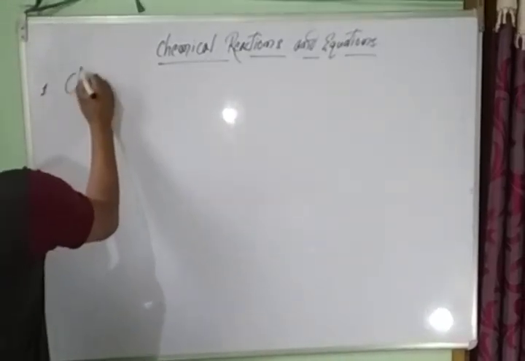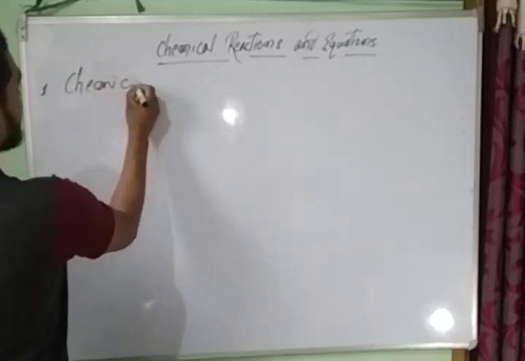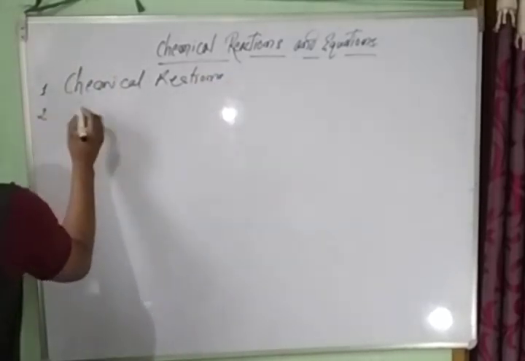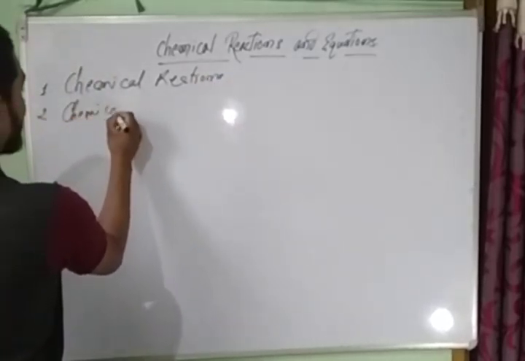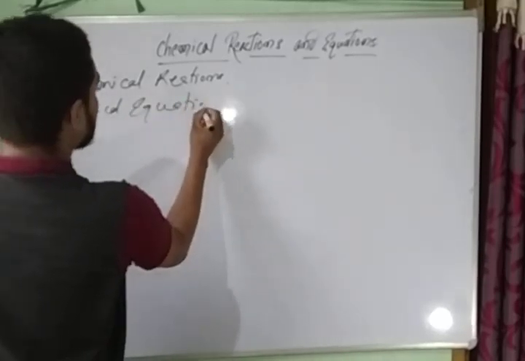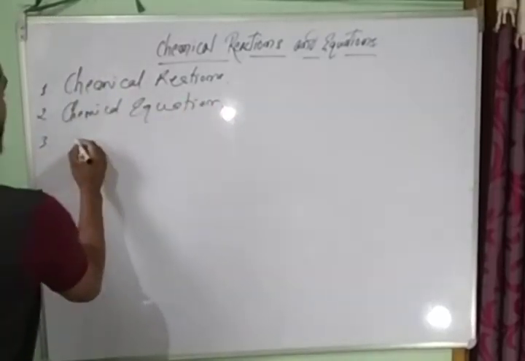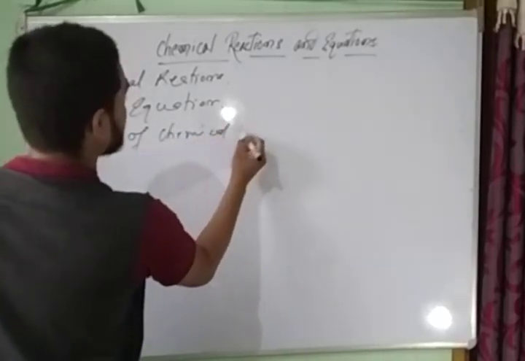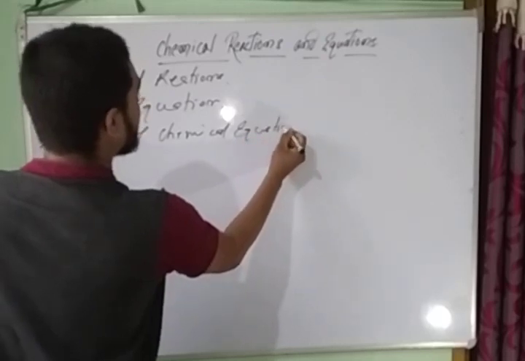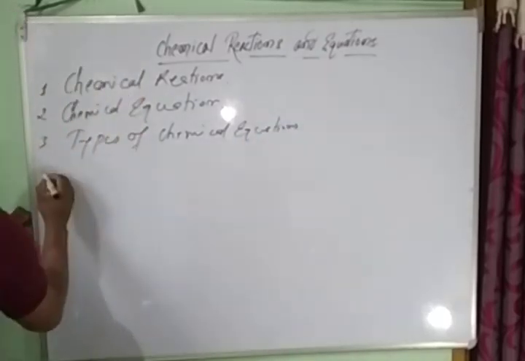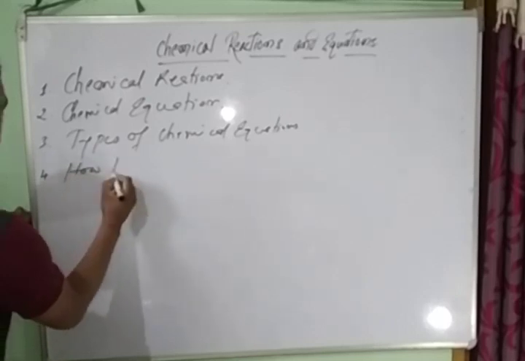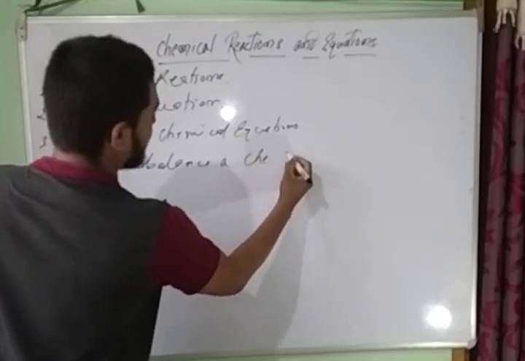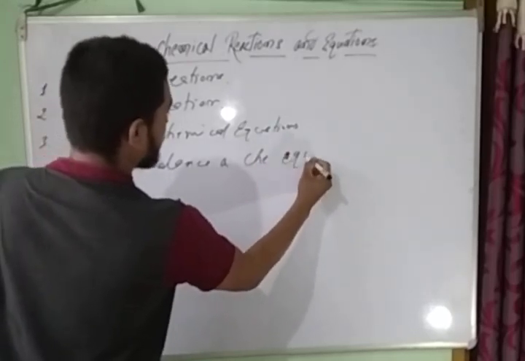That is, first we will have to study what is chemical reaction, and then what is chemical equation, and then types of chemical equations, and then how to balance a chemical equation.